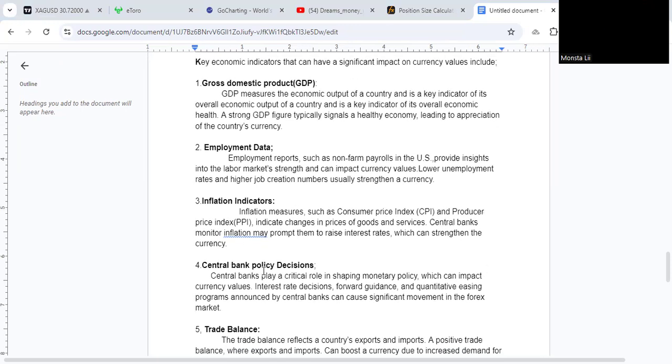Four, we have central bank policy decisions. Central banks play a critical role in shaping monetary policy, which can impact currency values. Interest rate decisions, forward guidance, and quantitative easing programs announced by central banks can cause significant movement in the forex market.